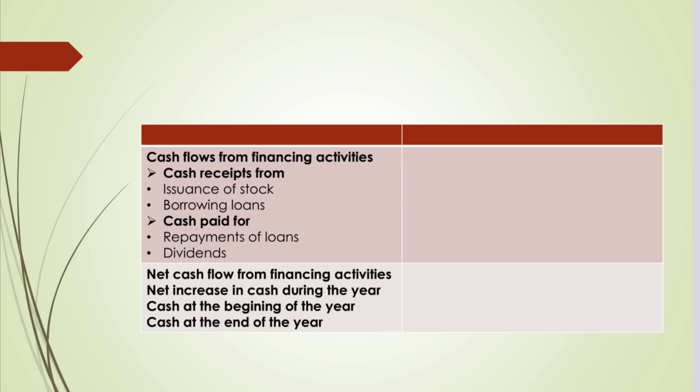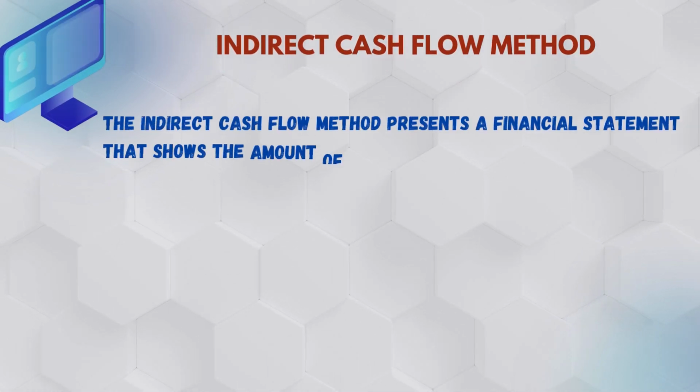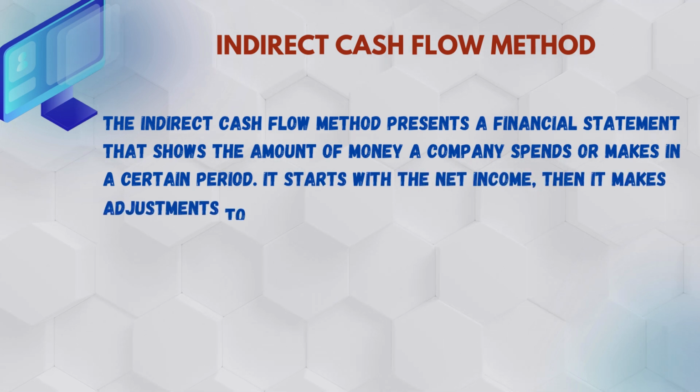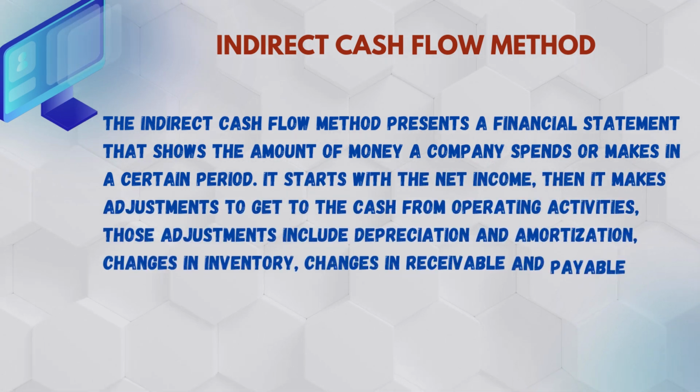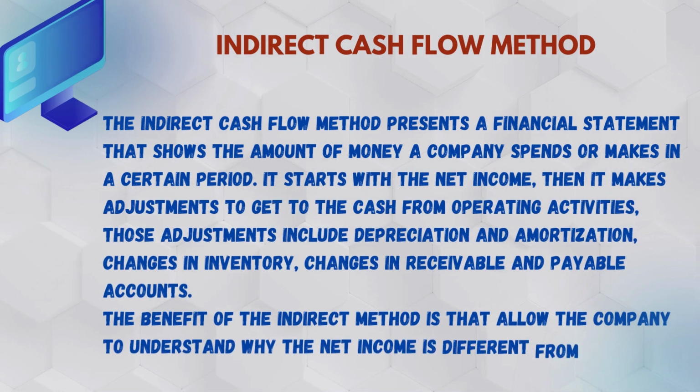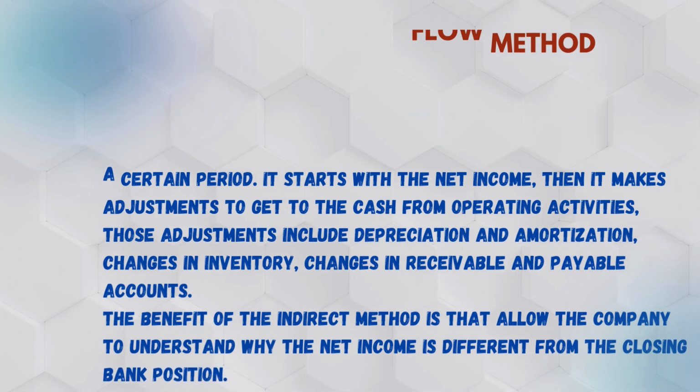So here it depends on what we have as data, but in general we have to calculate the net increase in cash during the year. Now we move to the second method, which means the indirect method of showing the cash flow statement.